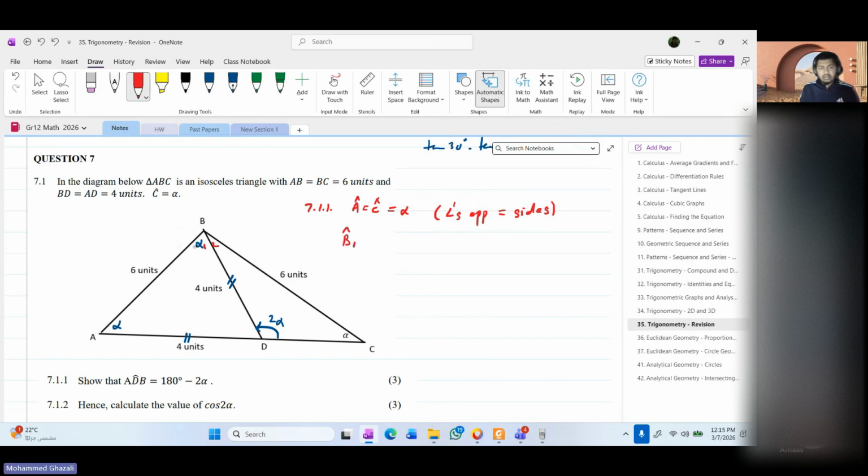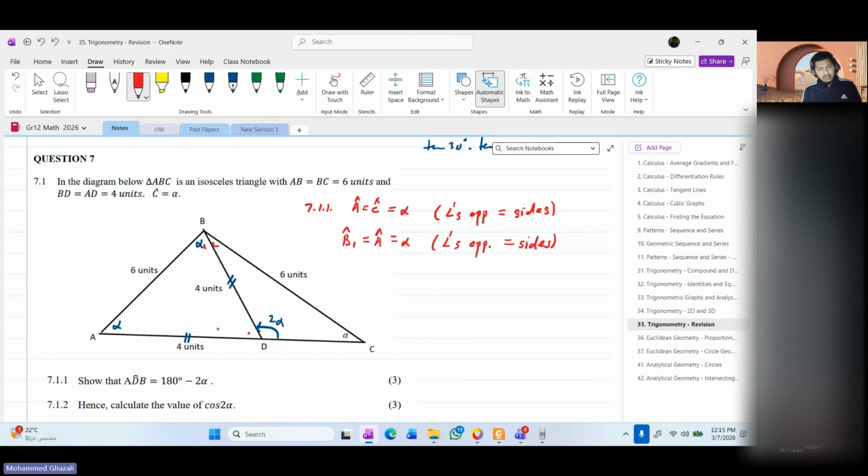Angle B1, you can call it angle B1 or angle ABD. Angle B1 is equal to angle A, which is also equal to alpha. Angles opposite equal sides, right? So we got two isosceles triangles there.